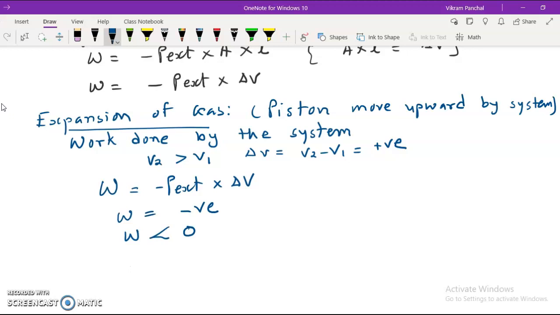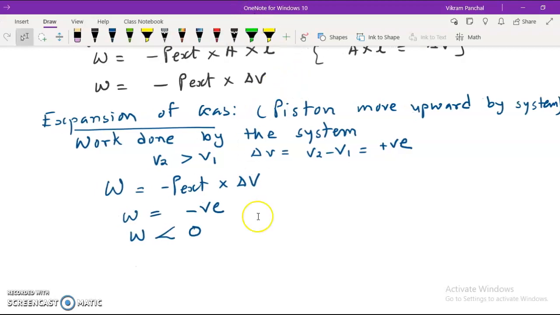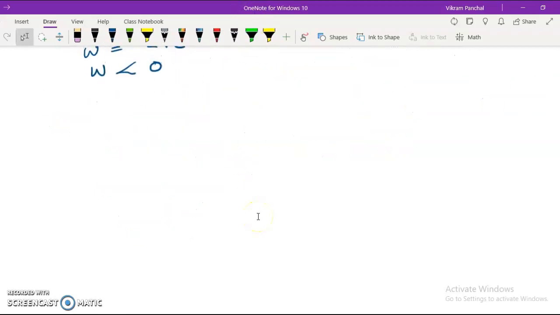Now second is when work is done on the system, and that is contraction of gas, or compression of gas. Here we will bring the piston down. How can you bring the piston down? When you apply pressure from external forces.